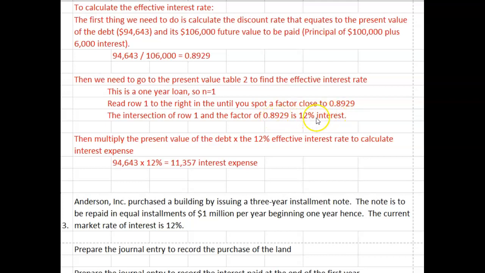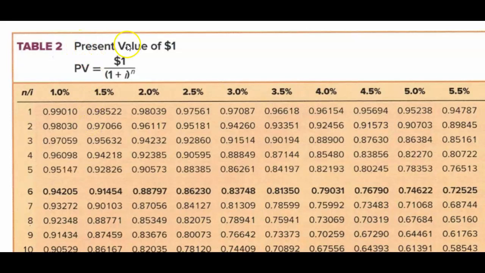But don't take my word for it. Let's look at the present value table and see this 12% with this factor where n equals 1. Present value table 2, n equals 1, and let's read across till we find our factor of 0.8929. 0.8929 is what we're looking for.